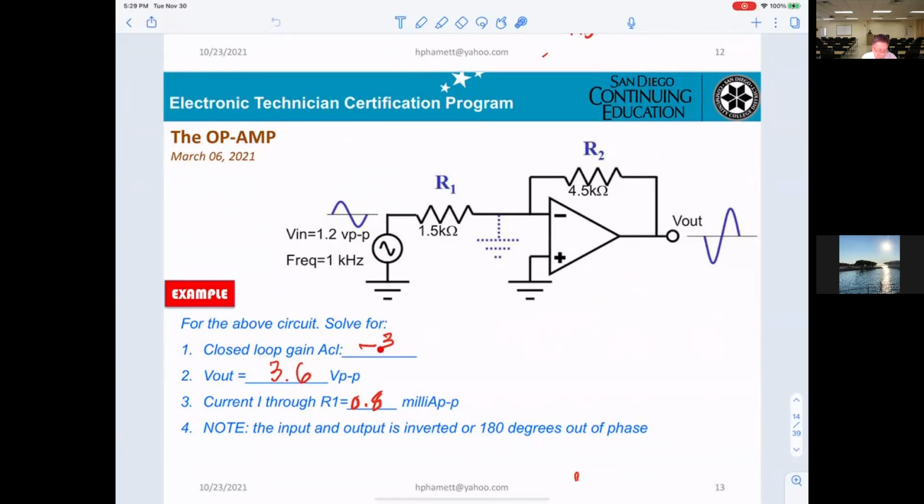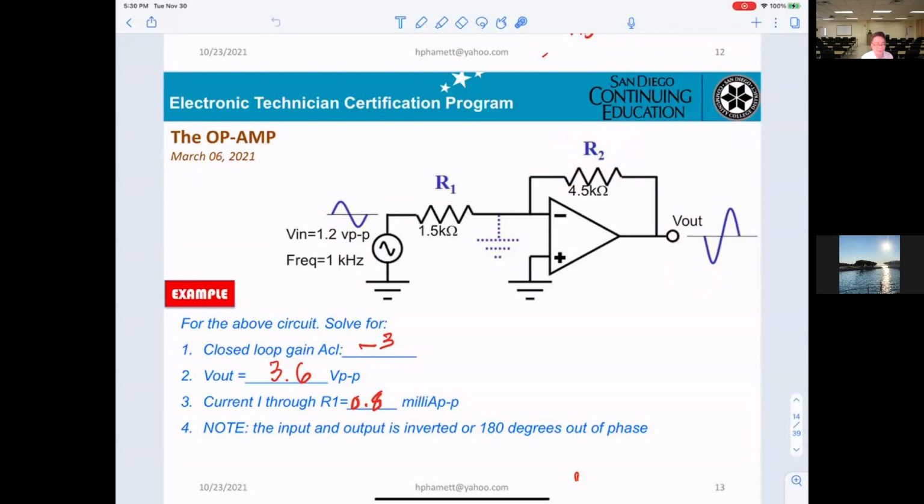The reason it is a closed loop gain is that there is a feedback resistor here. The only thing it tells you is that if you have the input and the gain, you are able to calculate the output. And the input and the output will be opposite. That's why they call it inverting.